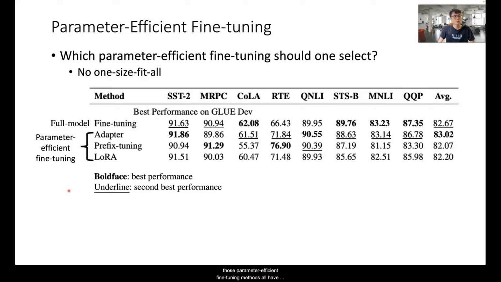Still, those parameter-efficient fine-tuning methods all have comparable performance compared with standard fine-tuning. In summary, parameter-efficient fine-tuning is a very useful technique for fine-tuning pre-trained language models that gives good performance and requires less task-specific parameters for each task.